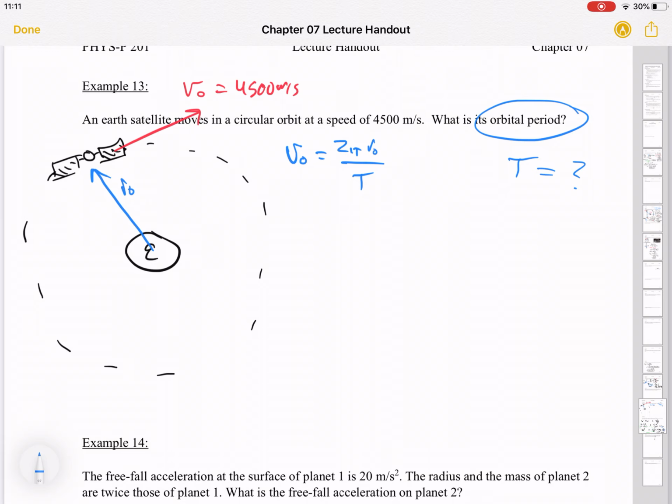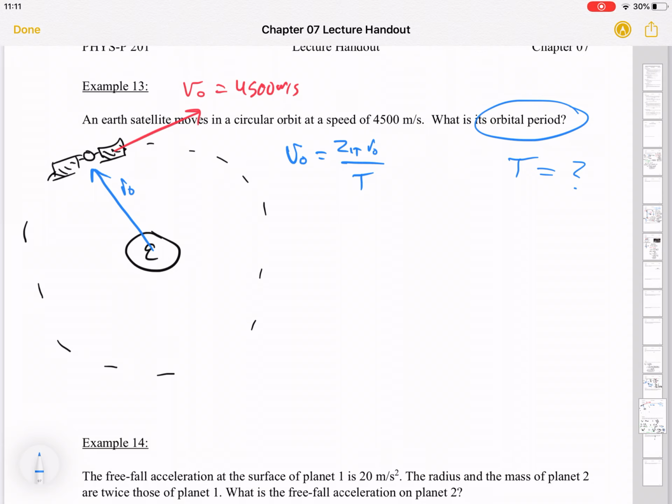And those are two different things unless you have a very low orbit satellite, which we have an example of later in this handout. But let's not assume that r naught is the r of the Earth. Okay, this is definitely not drawn to scale, but r naught's not the radius of the Earth.